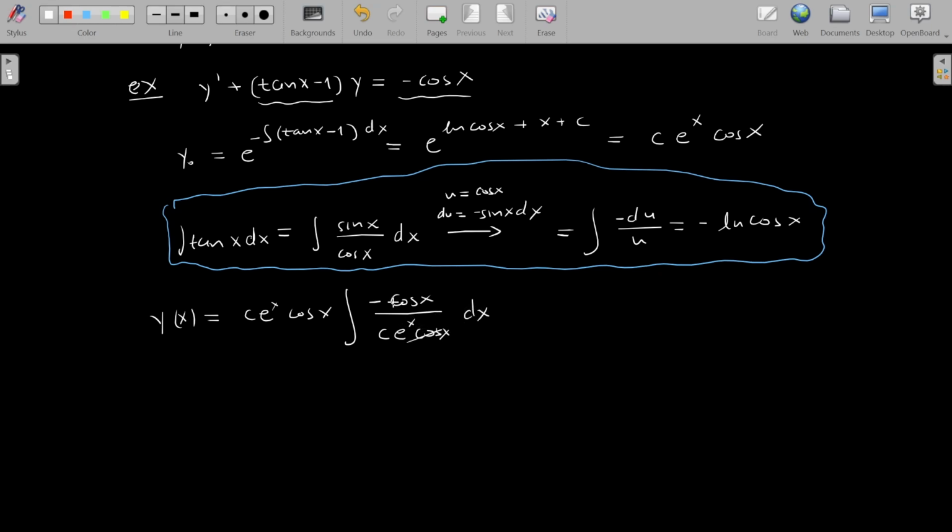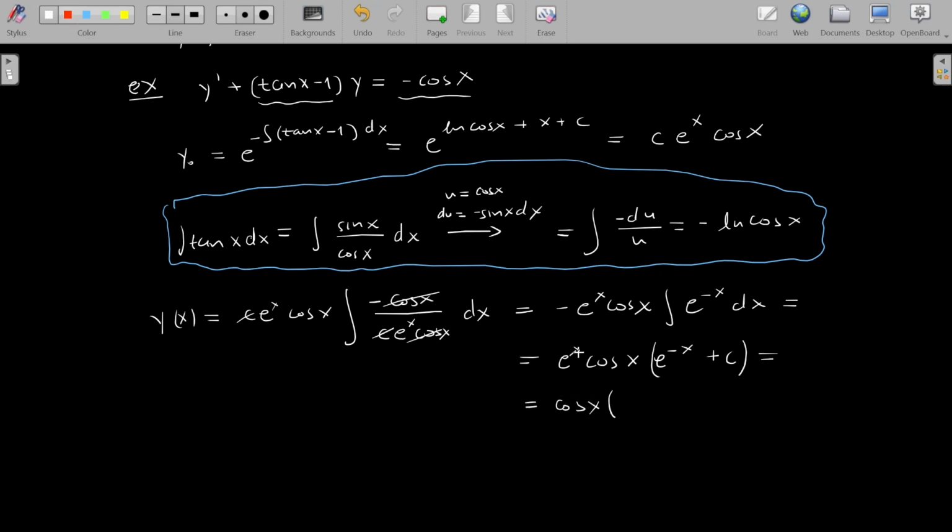Things simplify a lot. This and this goes away, and this also cancels. So minus e to the x cosine of x, and you have just the integral of e to the minus x dx, which is nothing more than the same integral with a minus sign. So e to the x cos of x times e to the minus x plus a constant. Don't forget this. This is nothing more than cosine of x times, getting this inside, 1 plus a constant e to the x.